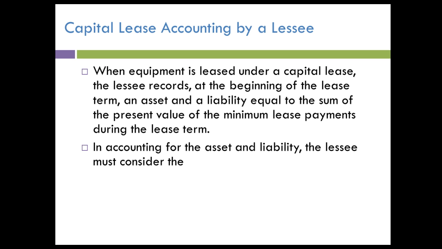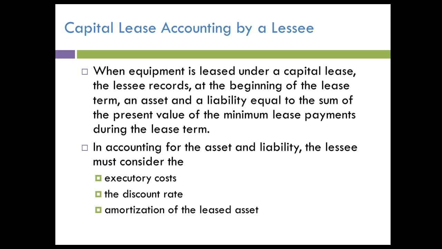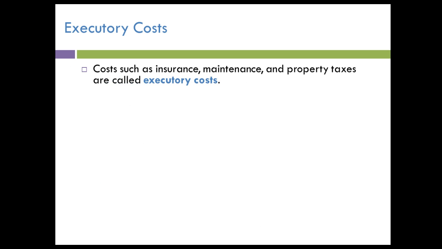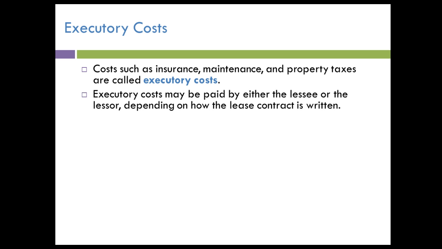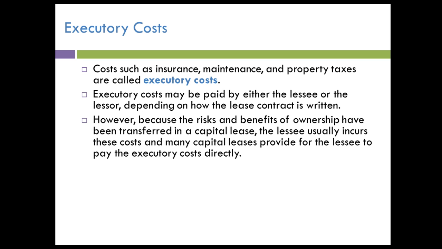So for the asset and the liability, the lessee has to take into account the executory costs, the discount rate, and the amortization on that leased asset, along with the reduction of the lease obligations. Executory costs are going to be insurance, property taxes, and maintenance, and they can be paid by either party depending on how the contract is written.